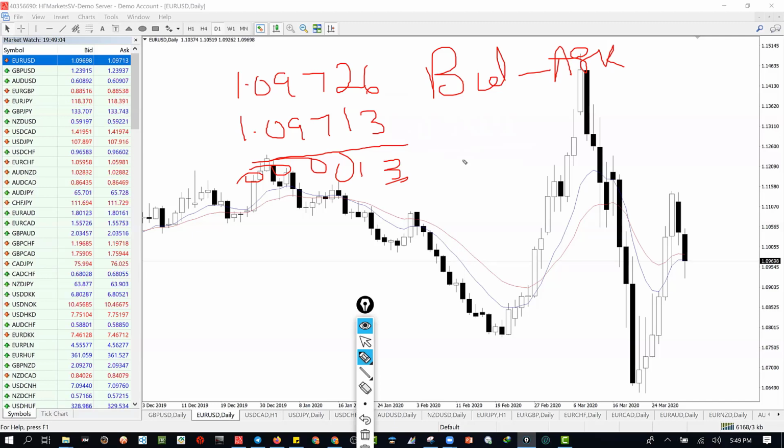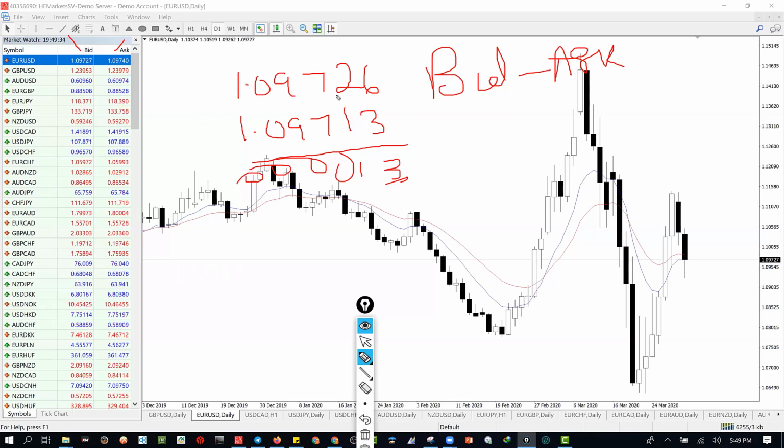Spreads are based on the buy and sell price of a currency pair. That's the difference between the bidding price and the asking price. So we don't need to confuse ourselves with different grammars and explanation. Just know the spread is the difference between your bidding price and their asking price.